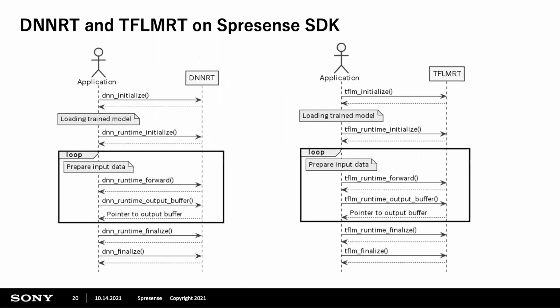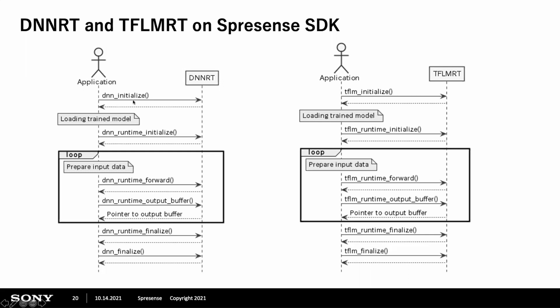Before I go to the example, I want to show you something that is happening in the background. We have DNNRT, which is our deep neural network runtime library to support AI on Spresense. If you look at the sequence of instructions when you start a model and run it on Spresense, this is what you follow.